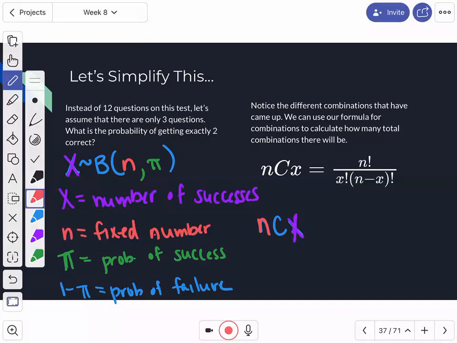So in our case, we had 12 C 5. 12 questions, I want to get exactly 5 right.